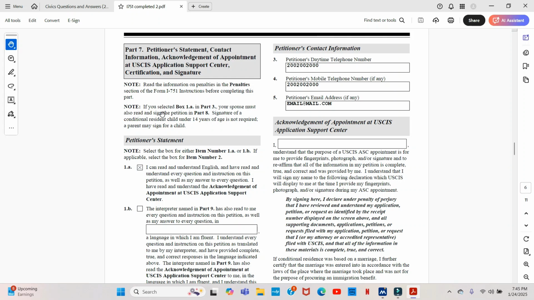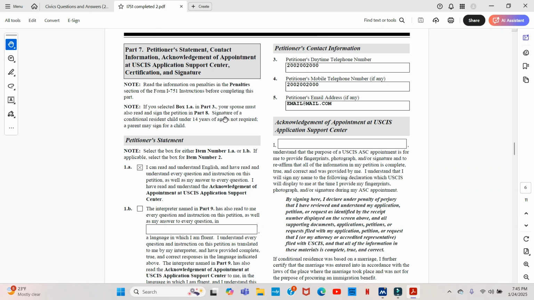Note, if you selected box 1A in Part 3, your spouse must also read and sign the petition, Part 8. Signature of a conditional resident child under 14 years of age is not required. A parent may sign for a child.